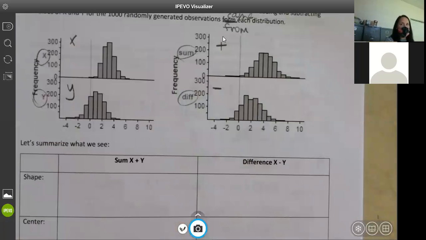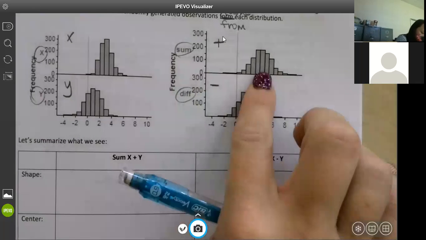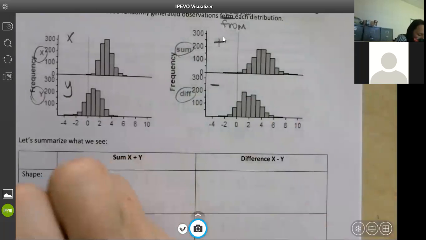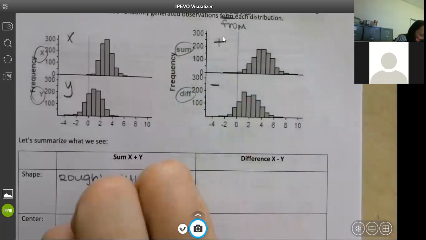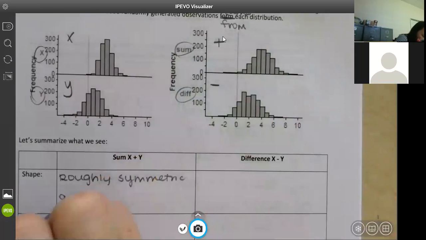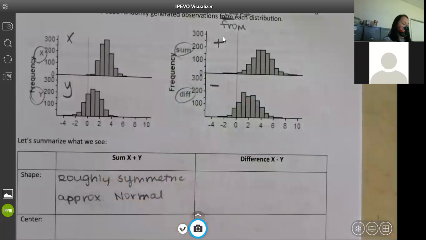What is the shape of the sum of X and Y? So what's this shape? This is also approximately normal. Why can I say that it's approximately normal? What do you know about these two?